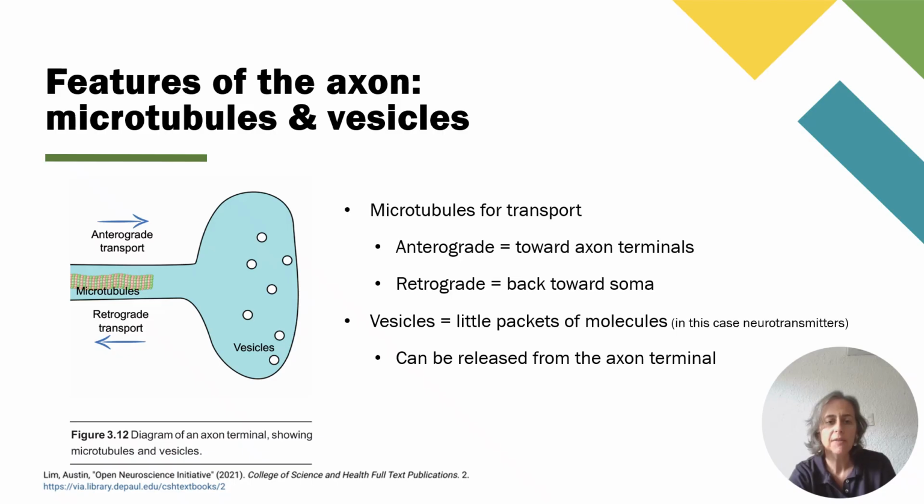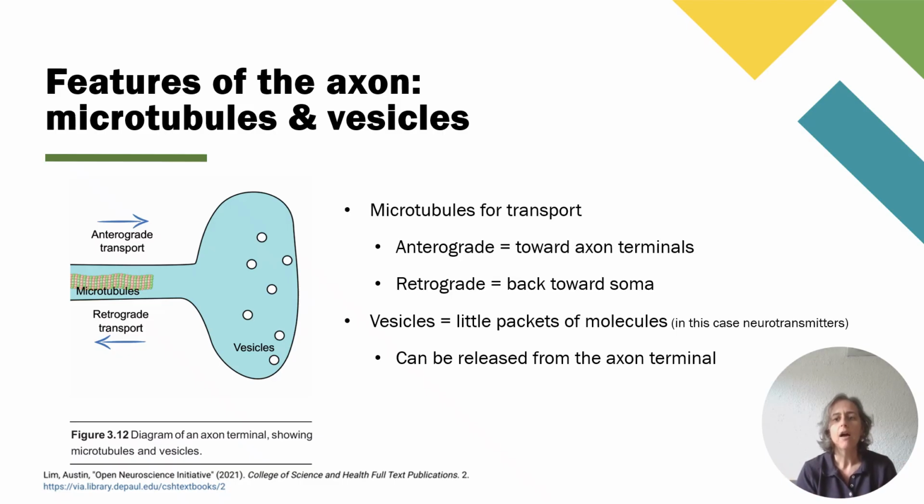All right, a couple of other features about the axon. One is it's this big long projection, right? And sometimes you need to get stuff from the cell body down to the axon terminals, and sometimes you need to get stuff from the axon terminals back up to the cell body or soma. So you have these things called microtubules. You can think of them as like little railroad tracks, a little railroad system, and they can transport things back and forth along the axon.